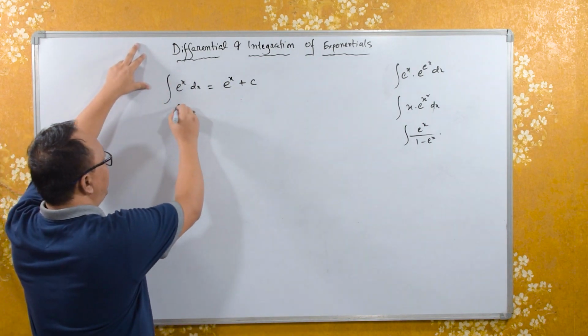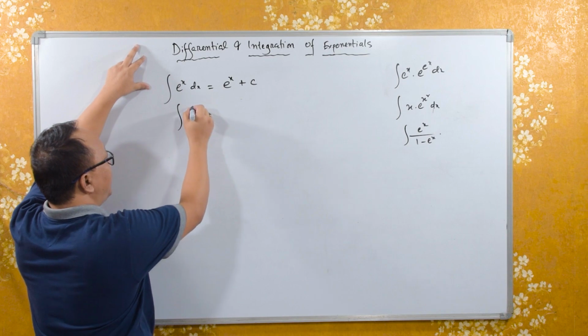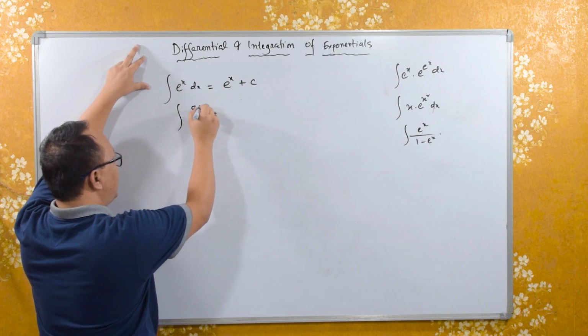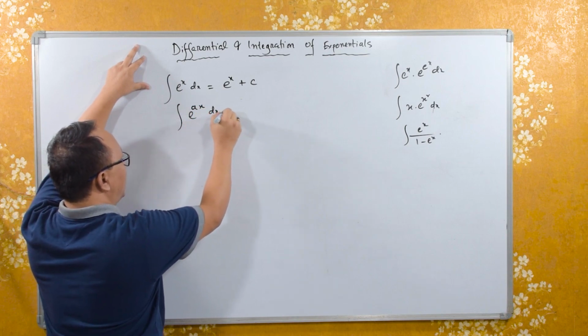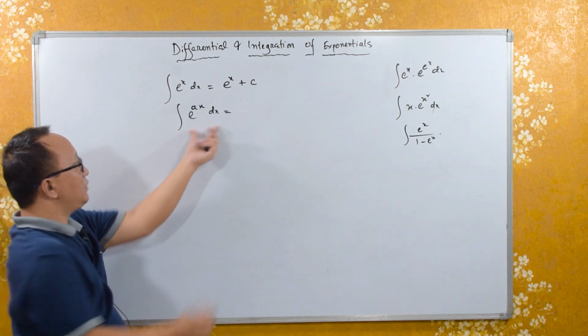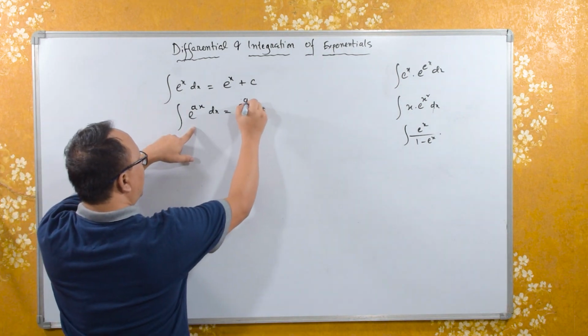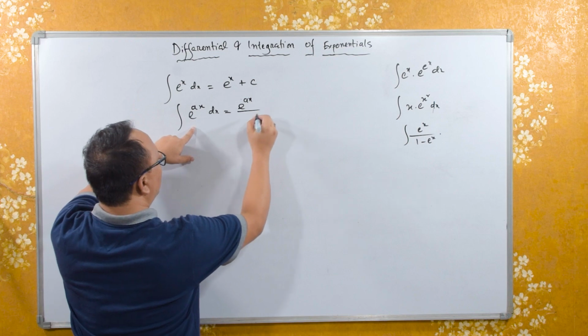If I put e raised to x instead of x, if I write e raised to x dx, then what will come?